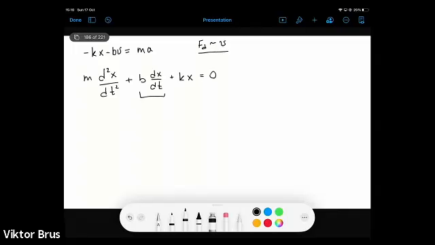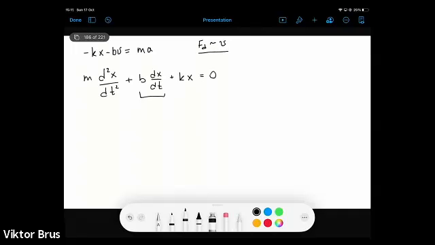So since it is the same type of differential equation, we also need to write down this characteristic equation and solve it. For the characteristic equation, let us maybe get rid of this m next to the second derivative.